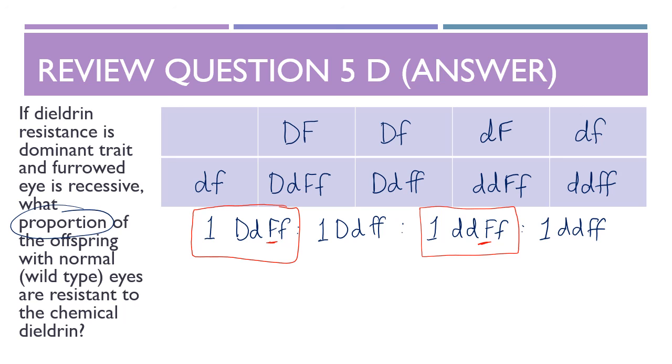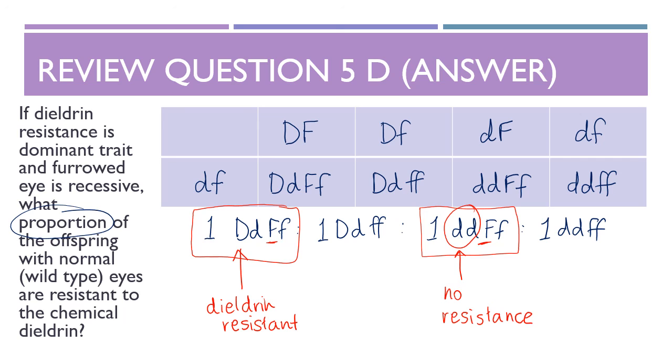Okay. So what proportion out of these 2 are going to be resistant to the chemical dieldrin? Now I can see that this one has the capital dominant allele for this specific trait. So this one is dieldrin resistant. If I look at the other one, that one is homozygous recessive for dieldrin resistance. So this would mean no resistance.